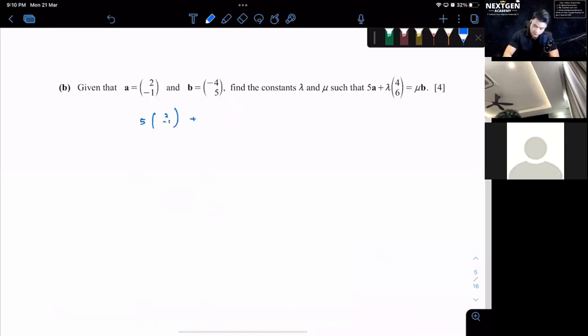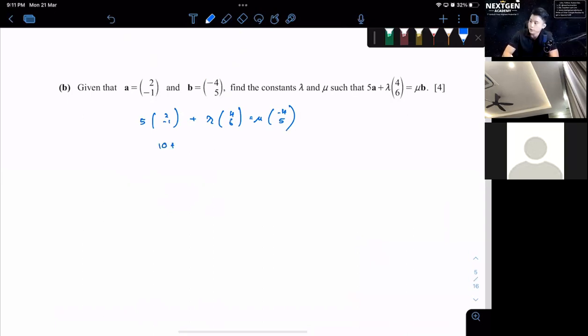It's a 4-mark question, so you've got two unknowns, and you need to do a simultaneous equation. So let's put it in.